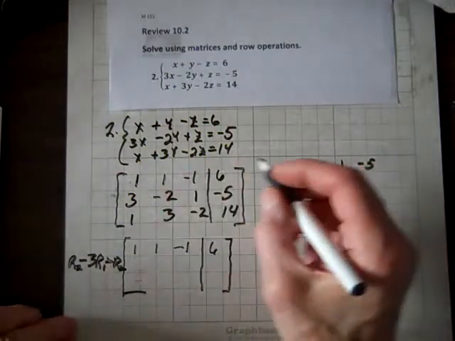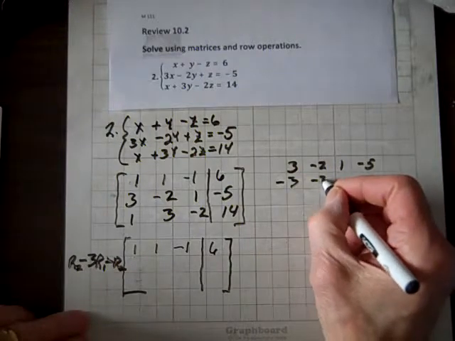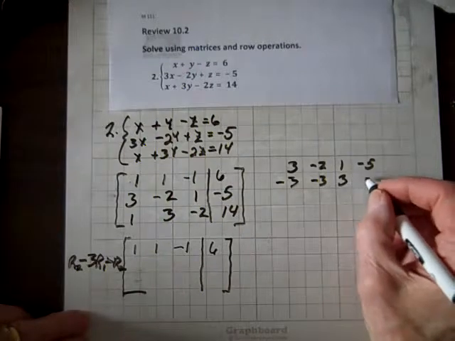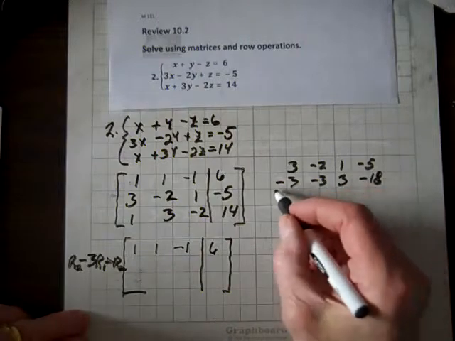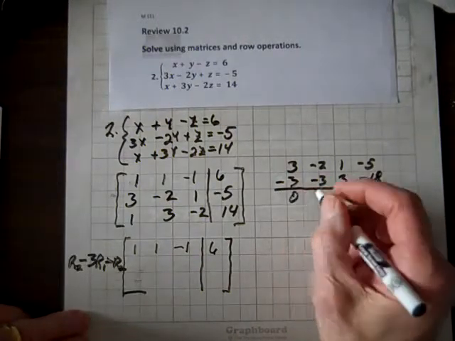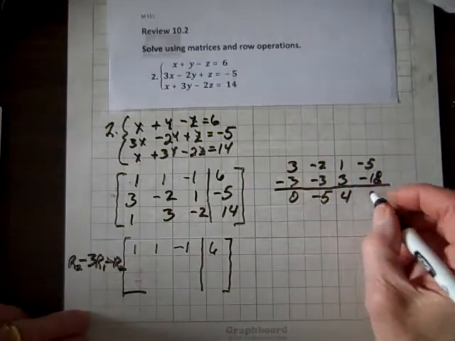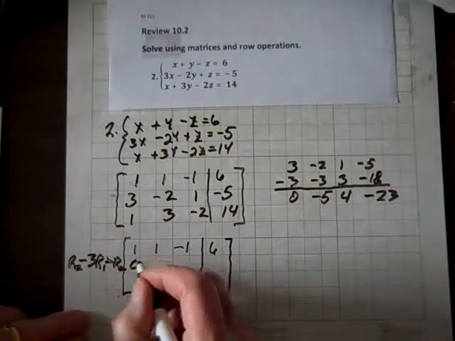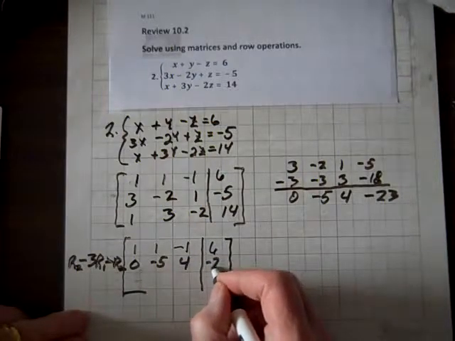And negative 3 times row 1 will be negative 3, positive 3, and negative 18. There's row 1, multiplied every one of those values by negative 3. So when we add these up, we get a 0, a negative 5, a 4, and a negative 23. So 0, negative 5, 4, and negative 23.